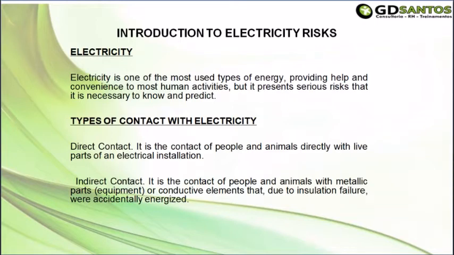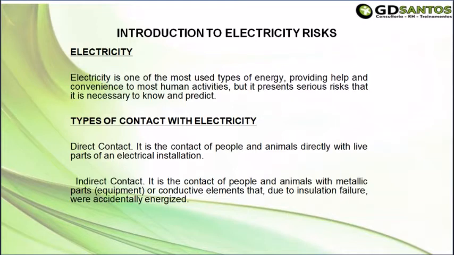Types of contact with electricity. Direct contact is the contact of people and animals directly with live parts of an electrical installation. Indirect contact is the contact of people and animals with metallic parts, equipment or conductive elements that, due to installation failure, were accidentally energized.